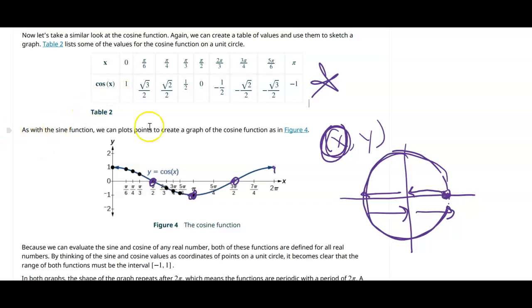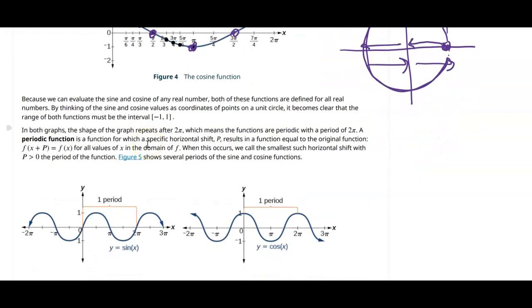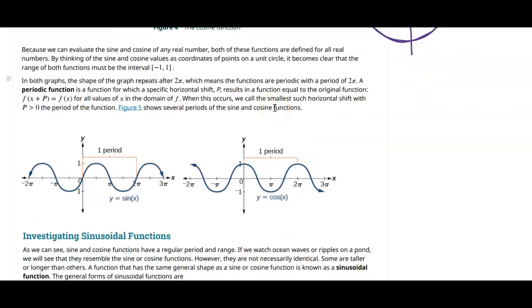So the domain of sine and cosine is going to be all real numbers. And then notice that the range must be between -1 and 1. Since both of these graphs repeat every 2 pi, we call these periodic functions.